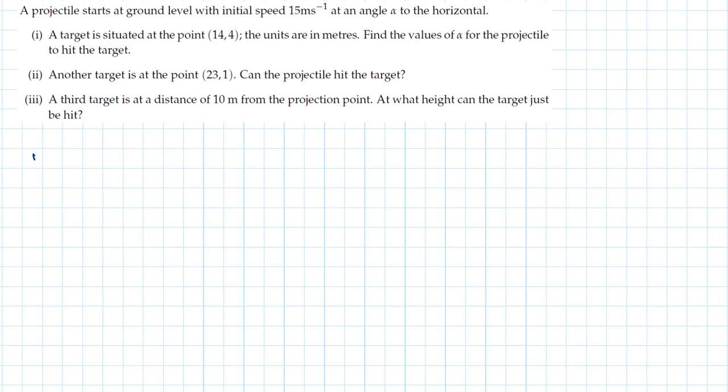Now for part two of the question, we use a similar approach to start with. So this time we still know that u equals 15, but we've got x equals 23 and y equals 1.